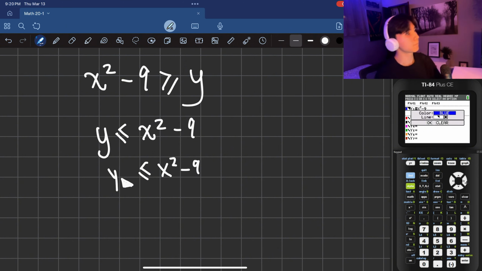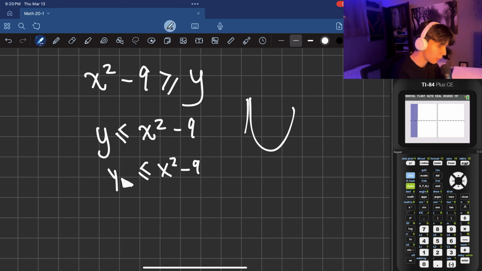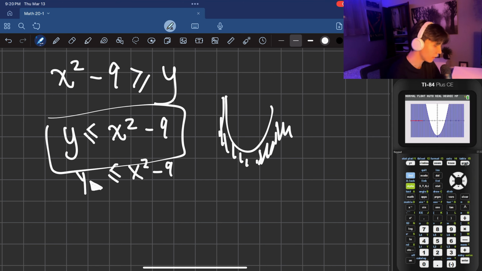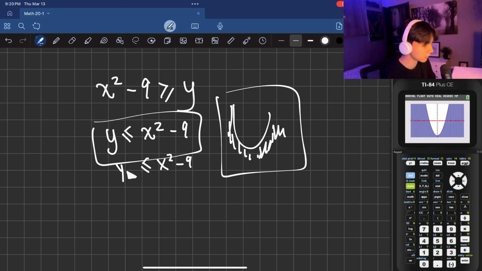And hit graph. So what this tells us is when we're graphing this, it'll be everything that's below the line, which will give us our solution. So when you graph that out, it should give you a graph that looks like this. So that is the way you actually graph inequalities in your calculator and make sure that you're graphing them properly.